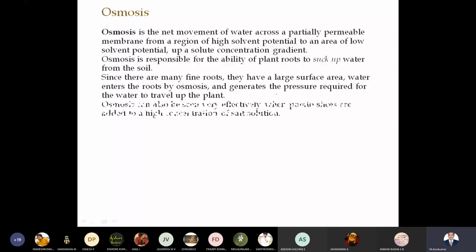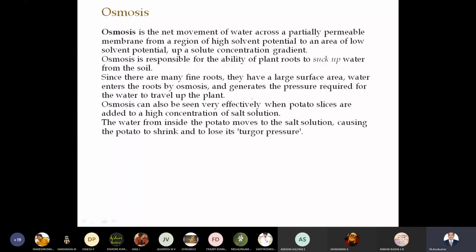Then osmosis can also be seen very effectively when potato slices are added to a high concentration salt solution. You can do the demonstration at home. Take a potato slice and add it to a high concentration salt solution. What will happen? The water from inside the potato moves to the salt solution.